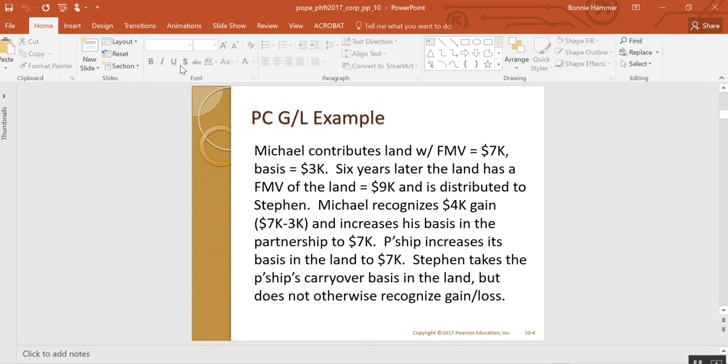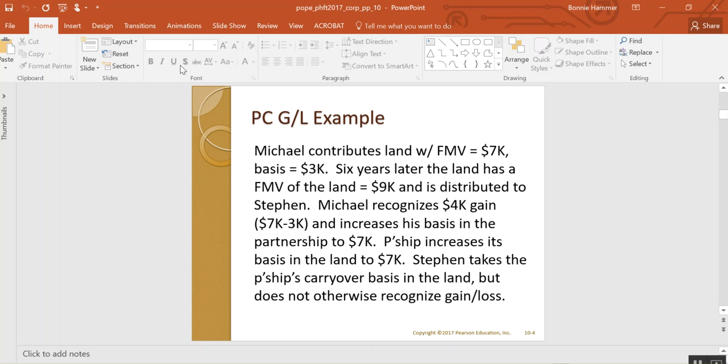And then likewise, the partnership increases its basis in the land to $7,000 also. Because also remember, when Michael contributed that land 6 years ago, the partnership takes on a basis in that land equal to the basis that Michael had in that land before he contributed it.